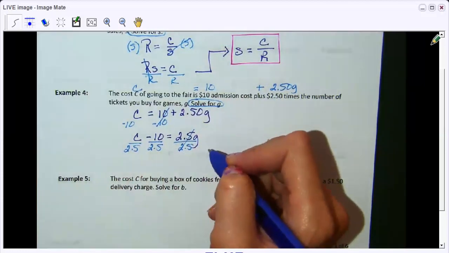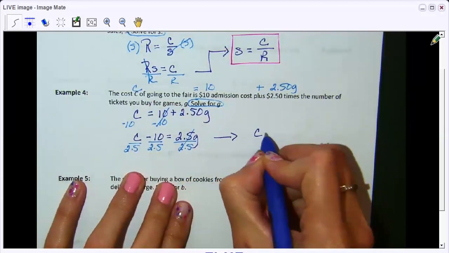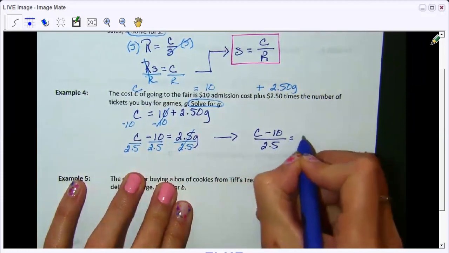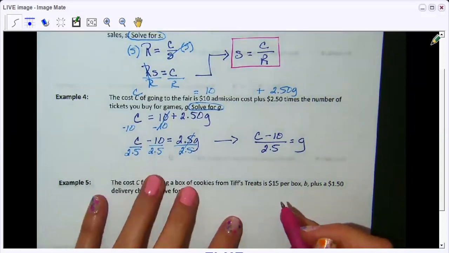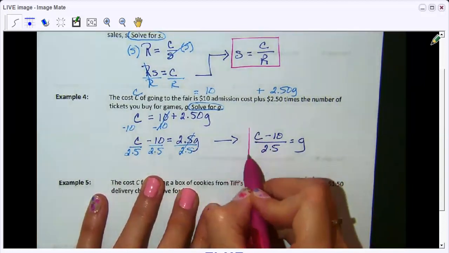We're gonna do it a little bit simpler. Why don't we just rewrite it like this? C minus 10 divided by 2.5 equals G. Let's leave it like that. Okay. No, not 0.4, it's 4. Yeah, it is 4. So here we go.